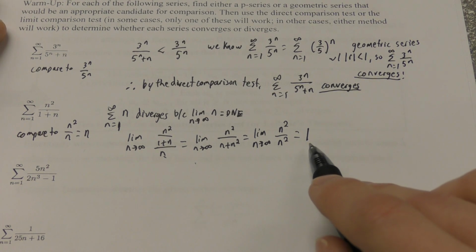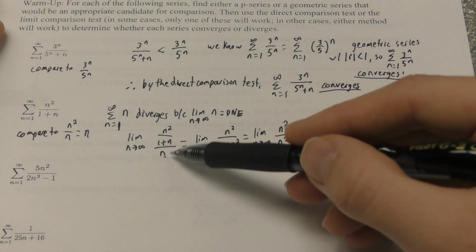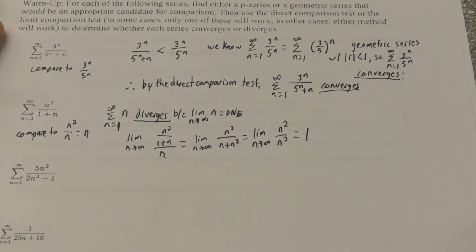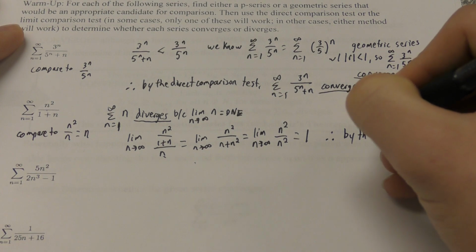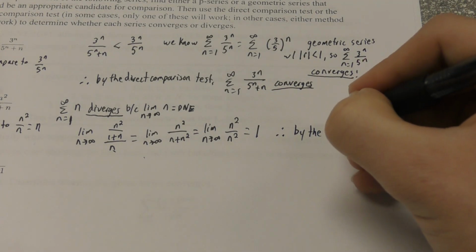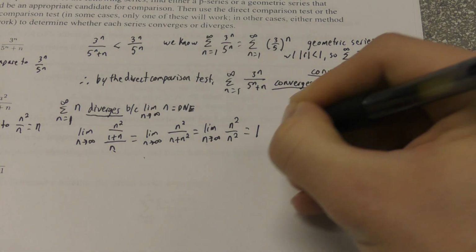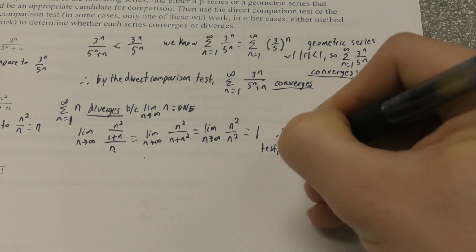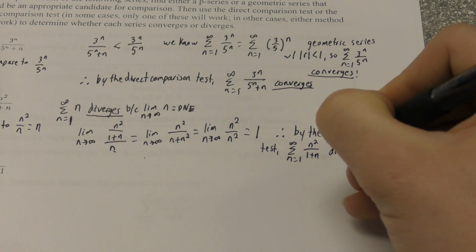Remember my limit comparison test, a number between 0 and infinity. This is that. If you get a number like that, then both of our series either diverge or converge. In this case, I already knew that n diverges, so I can say therefore by the limit comparison test, my series diverges also.